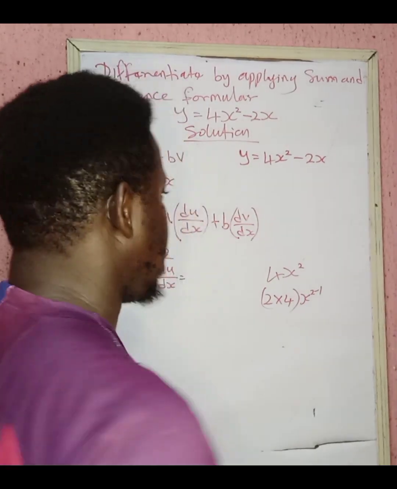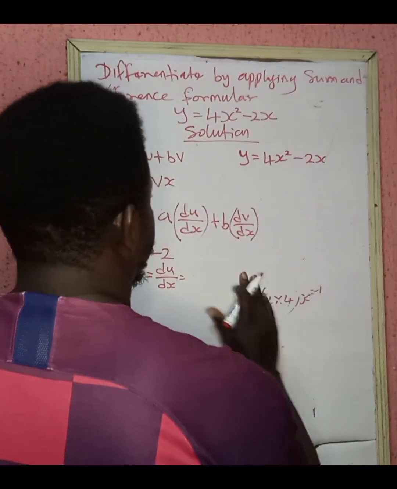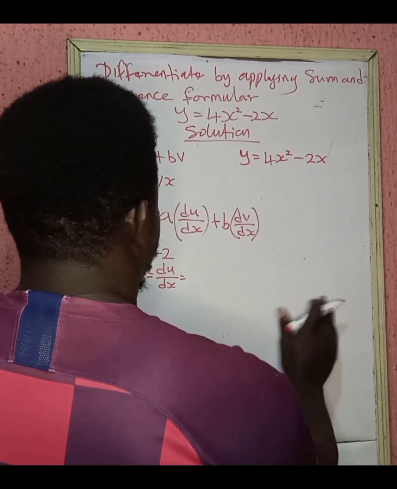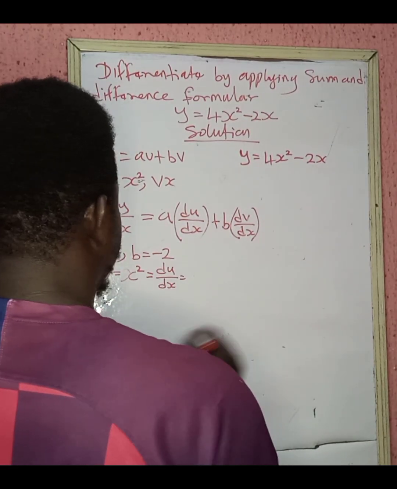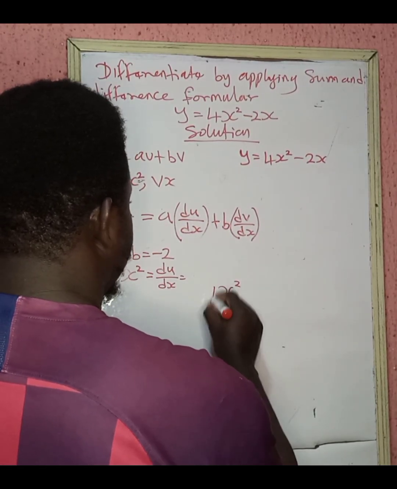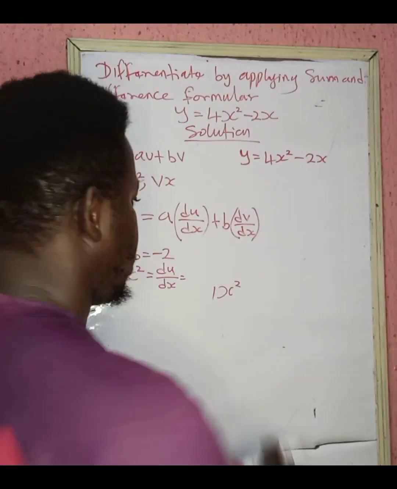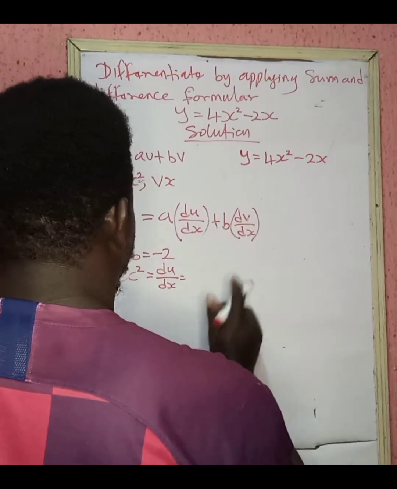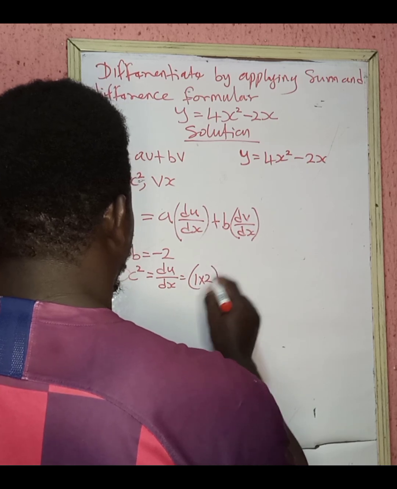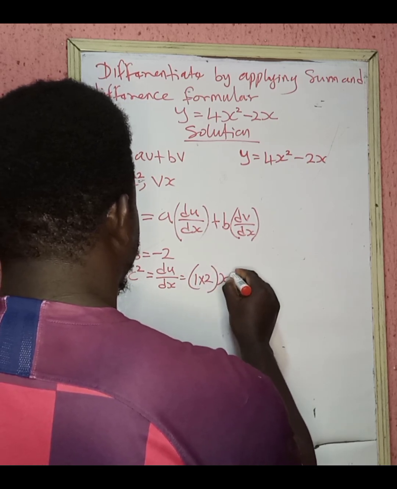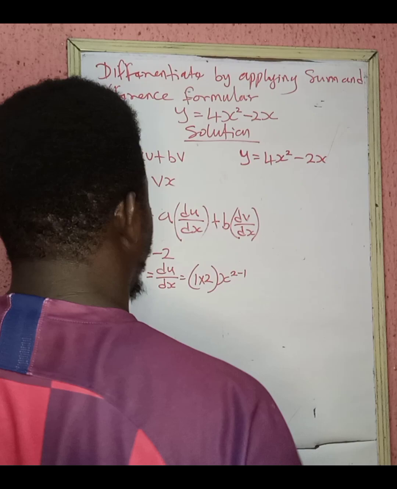Remember normal differentiation, so we'll apply that here. Remember this x squared has an invisible 1 by the side. So we'll say in brackets 1 times 2, close brackets, x to the power 2 minus 1.